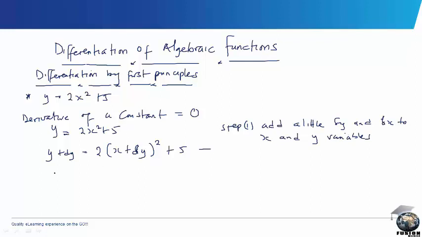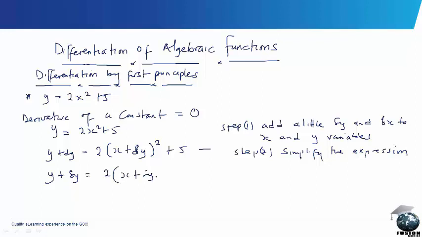Step 2, we carry out some simplifications. Simplify the expression. When we simplify, we have y plus dy is equal to 2 into x plus dx, again x plus dx, because that's squared, plus 5.